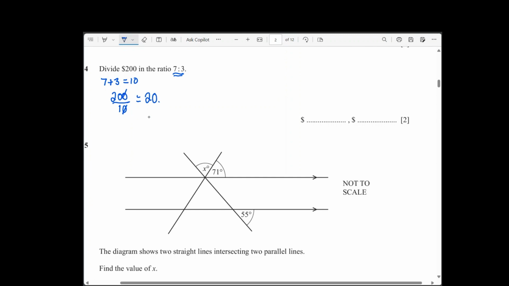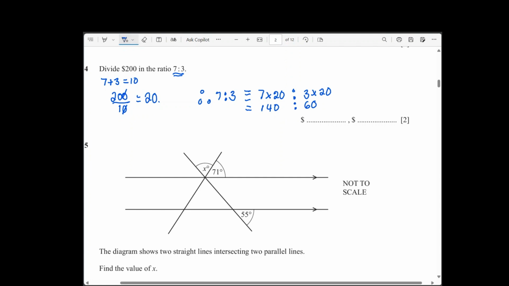Now we go back to our ratio. Therefore, 7 is to 3 is equivalent to 7 times 20, so 7 times 2 is 14, so that's going to be 140, and 3 times 20, 3 times 2 is 6, so that's going to be 60.